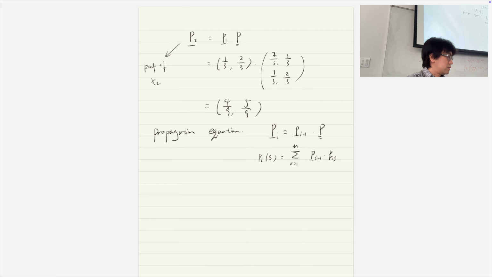Okay, so next, if we keep doing this, we're going to have a stationary state distribution. So how can we compute it? We say this does not change anymore, therefore we can just do what? To compute this pi here.